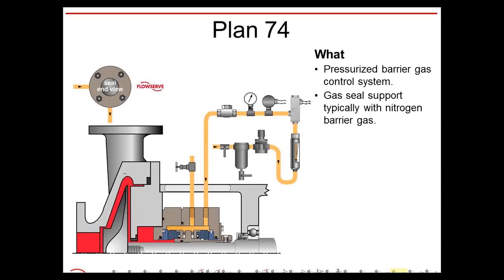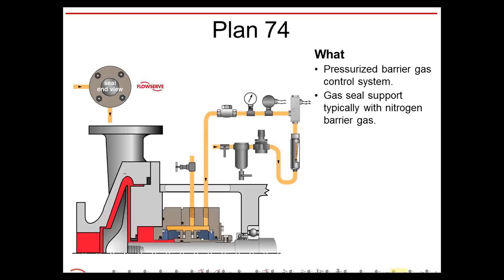The 74 takes a gas stream, again a reliable source of gas. Almost all the time it's nitrogen, and you run it through a series of devices and into your seal. Now, unlike the barrier reservoirs and seal pots that have options, on the gas systems you have to have a lot of the stuff that you see in front of you here, represented by little characters.